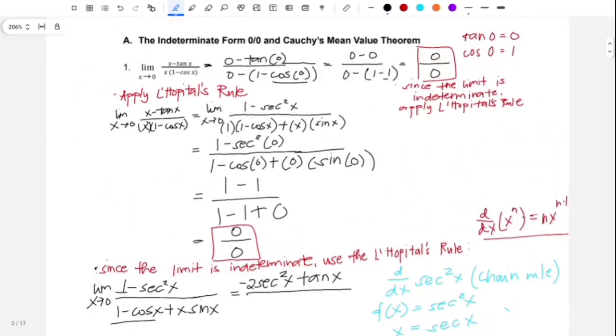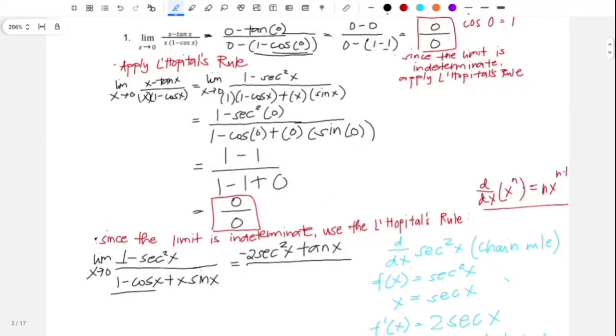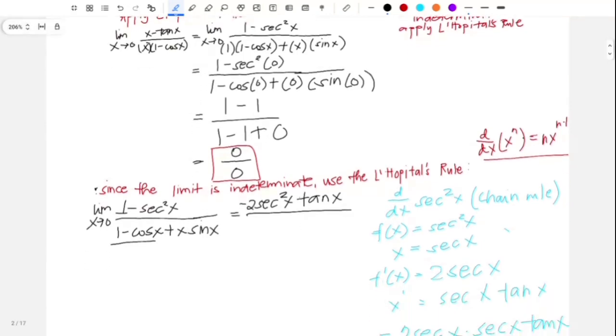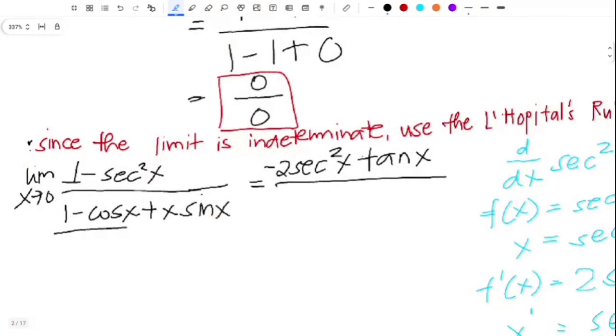Let us do it again. So our 1 minus cosine, since we already solved this one earlier, we will write down the result like what we have earlier, which is sine x. Then we copy the operation. And now we got x sine x.